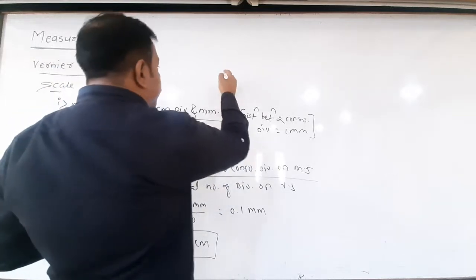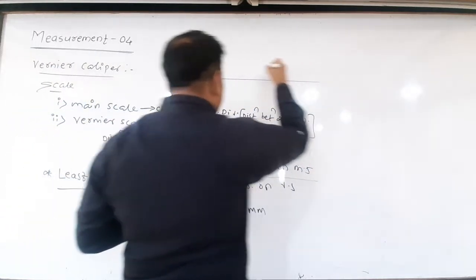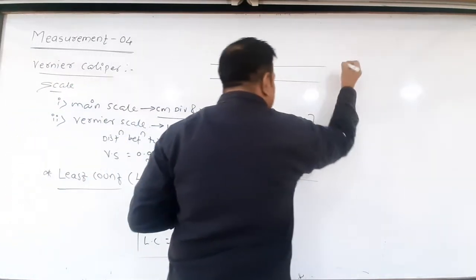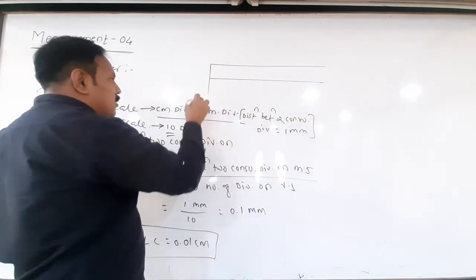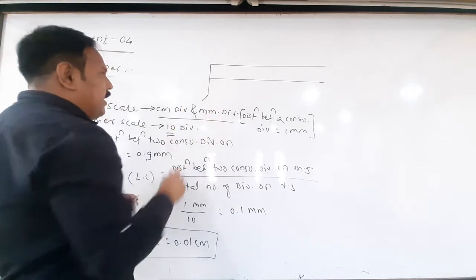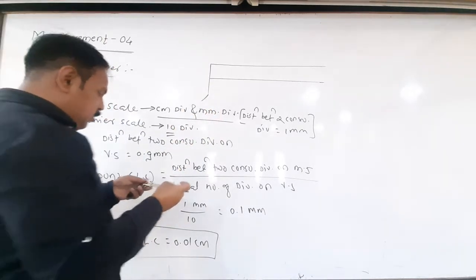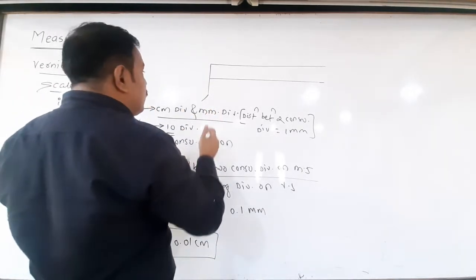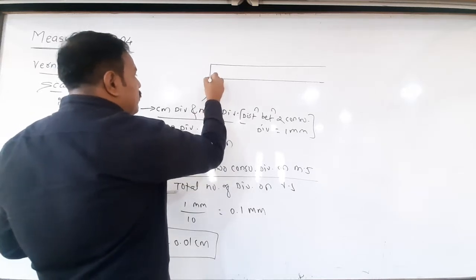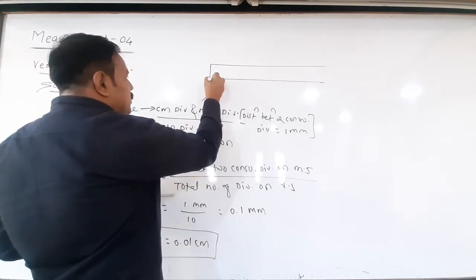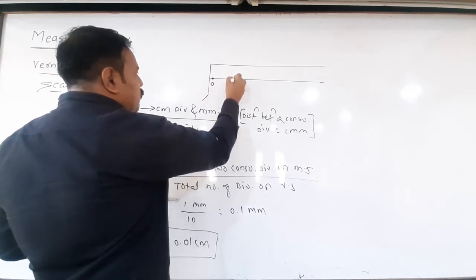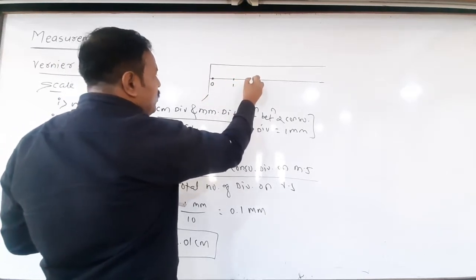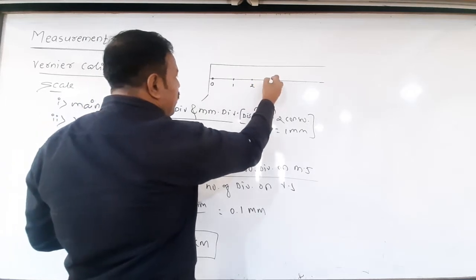For example, this is the main scale, on the fixed jaw, like that. So there are different divisions. For example, this is 0. This is 1 centimeter. This is 2 centimeter.